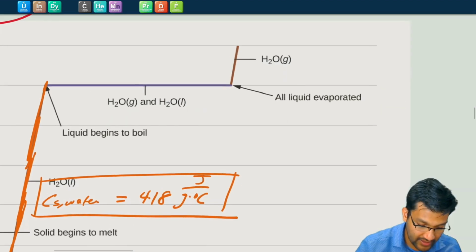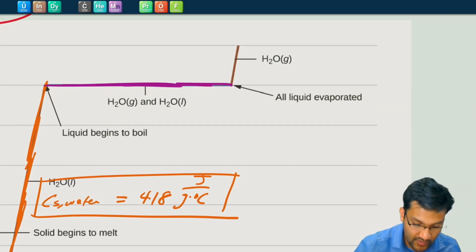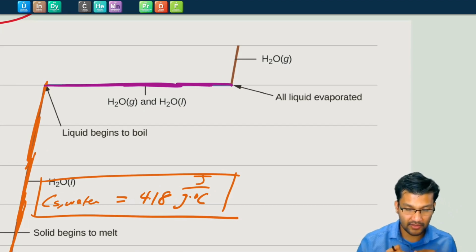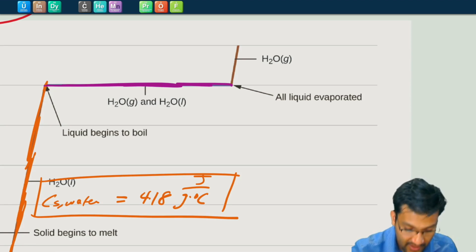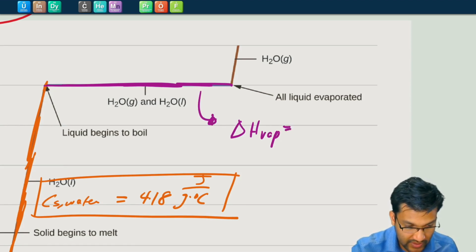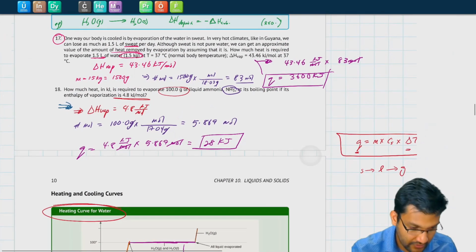And then at that point, as we add more heat, let's use purple. As we add more heat, all that heat is now not changing the temperature, but changing it from a liquid to a gas. So that will be the enthalpy of vaporization, which we said was, what did we say it was? 43.46.